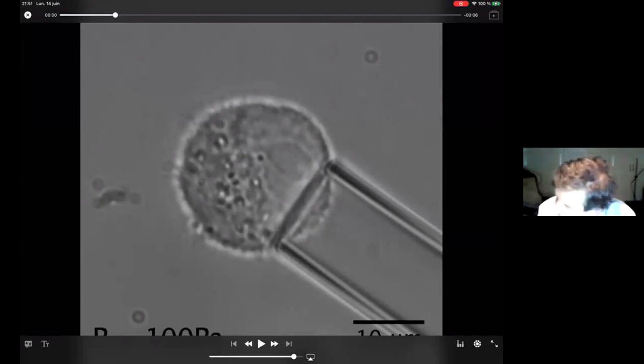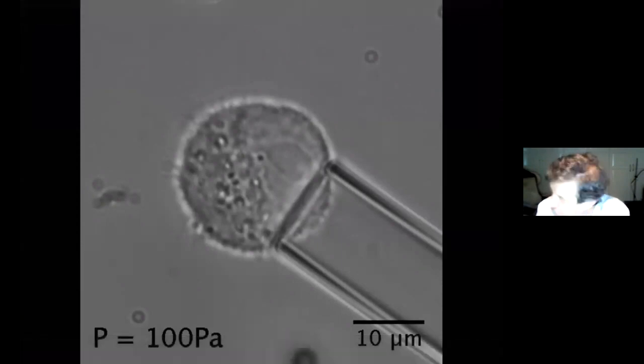So this is a cell now, and the cell is grabbed by a micropipette, and you put a low pressure at the end of the micropipette. So the cell is pulled by a pressure difference into the micropipette. Of course, if the cell has a tension, there is a Laplace pressure here, and the difference in pressure between outside and inside is given by this Laplace pressure.